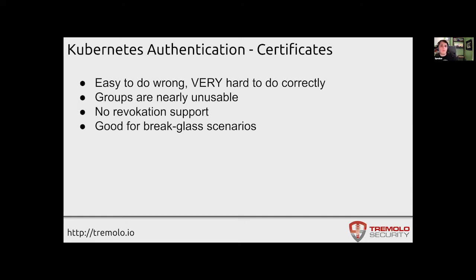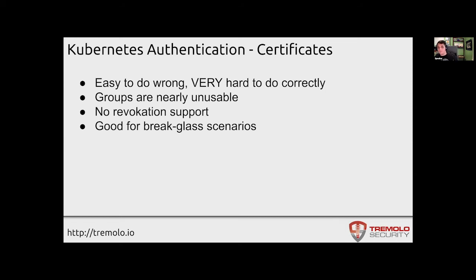Maybe they have, but you're not getting any of the goodness of certificate authentication when it comes to Kubernetes when you go that route. So it's good for break glass scenarios because it doesn't require a third-party identity provider the way OpenID Connect does. But for day-to-day usage, it really is an anti-pattern.